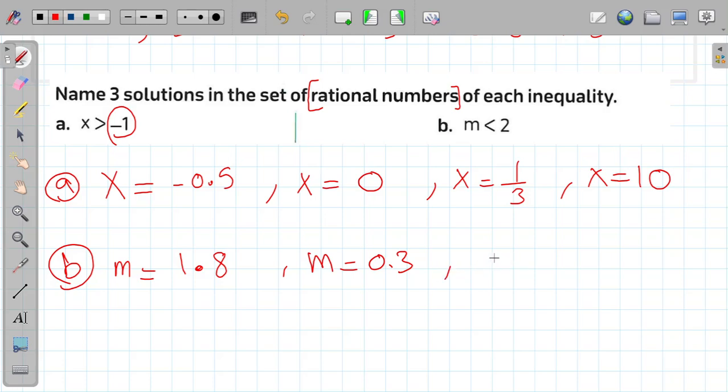Maybe I have 1/2 or negative 1/2. Maybe I have 0. All of these numbers can be solutions for the inequality m less than 2. Okay, but 2 is not with us because I don't have the equal sign here in the inequality.